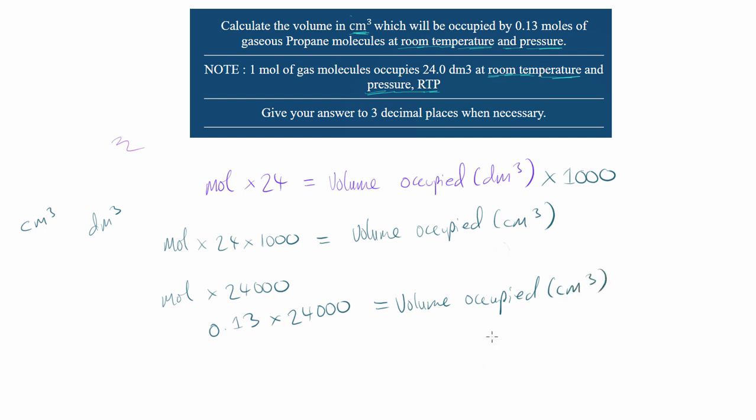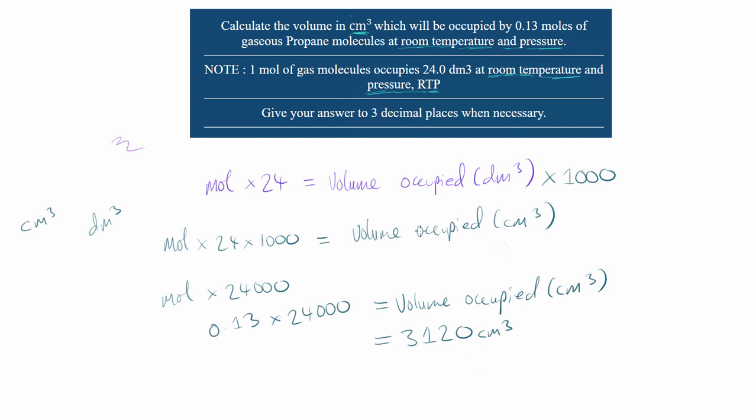Right? Now, I would invite you to have a go on your calculator to work out what that is. What you should find is that it is equal to 3,120, and that is in centimeters cubed, right?